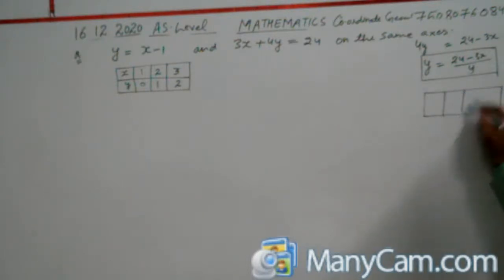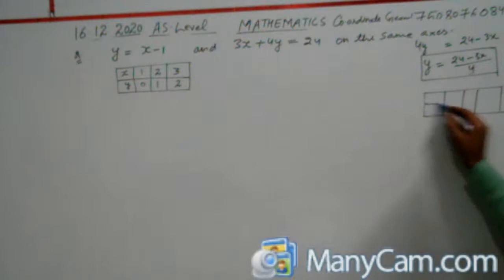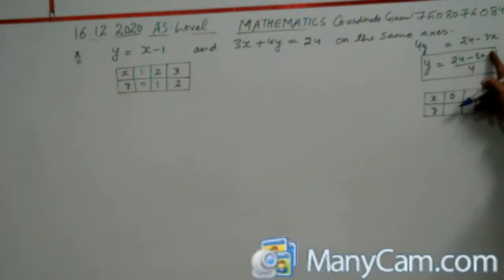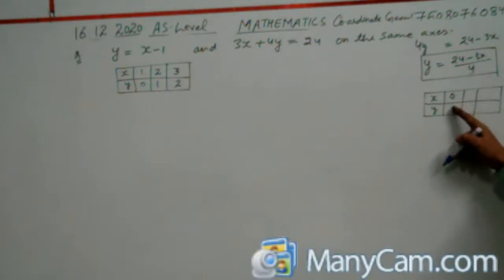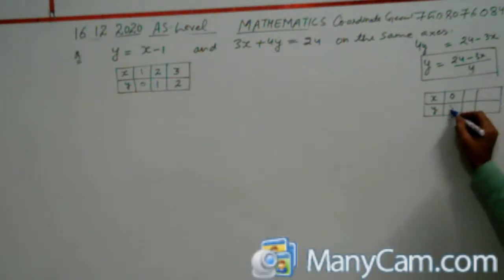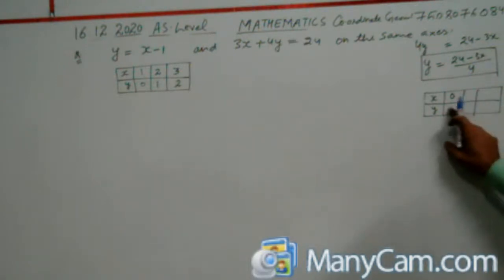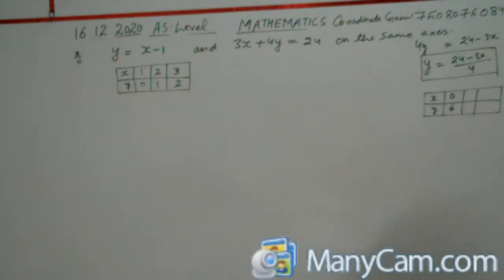Again, 2 or 3 values we will take minimum. One is x, one is y. So here, take x is equal to 0. If x is 0, this is the much better way. What is y? Y is 6.